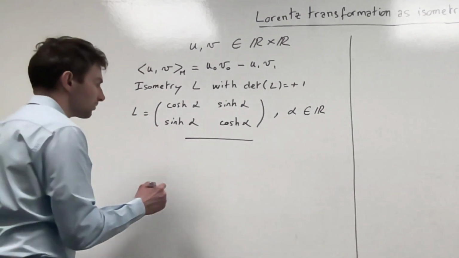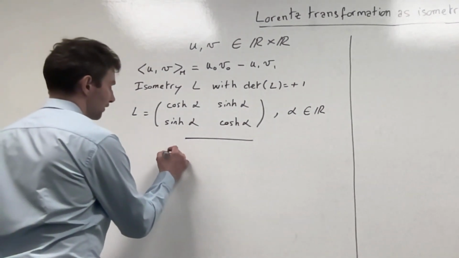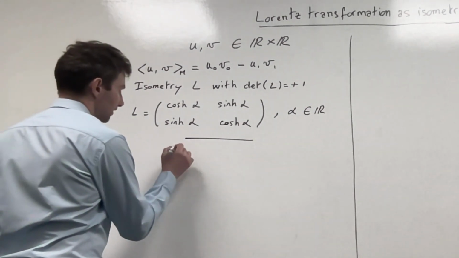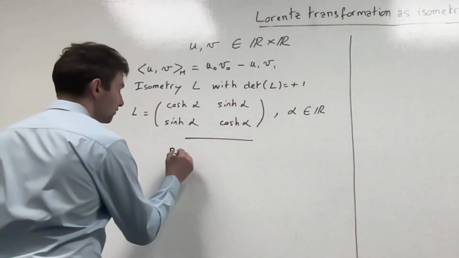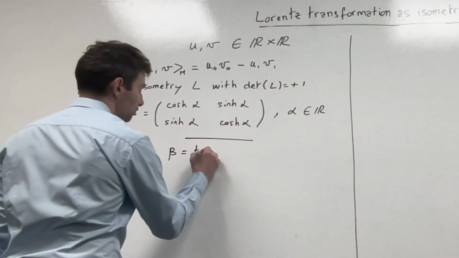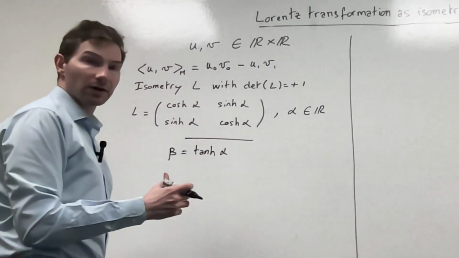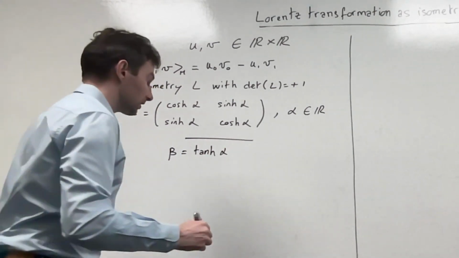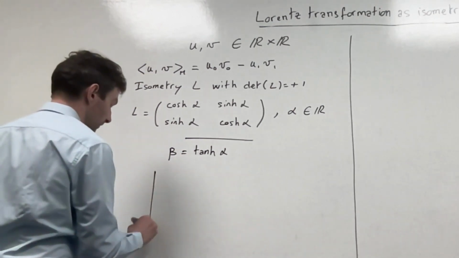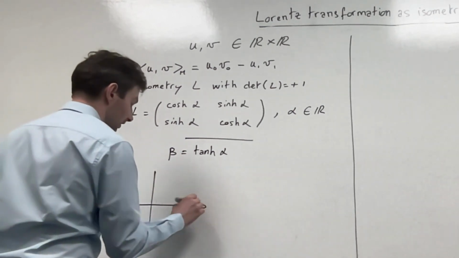So the basic idea is to define the quantity beta, and you say that beta is equal to tanh of alpha. So I think a first thing we need to do here is to see mathematically what that entails.